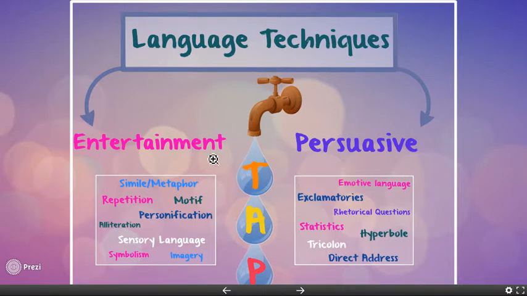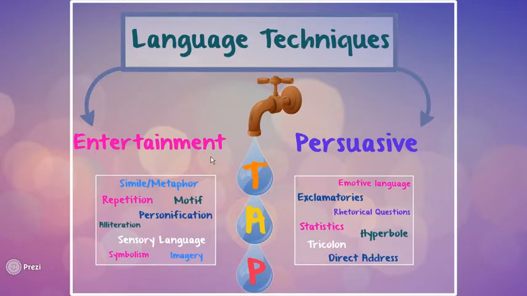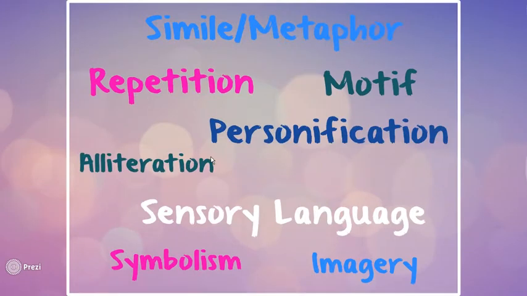Let's firstly have a look at these entertainment language techniques, which generally you'll come across in paper 1 because they're more creative, but that doesn't mean that they can't appear on paper 2 as well. So we've got things like similes and metaphors, repetition, maybe the use of motif, personification, alliteration, maybe the use of sensory language, symbolism and general imagery.